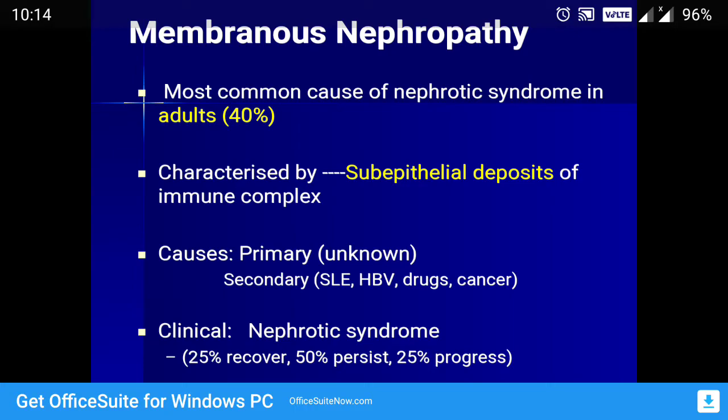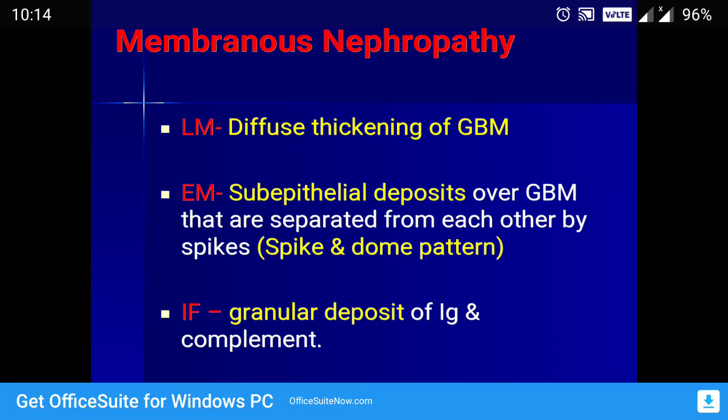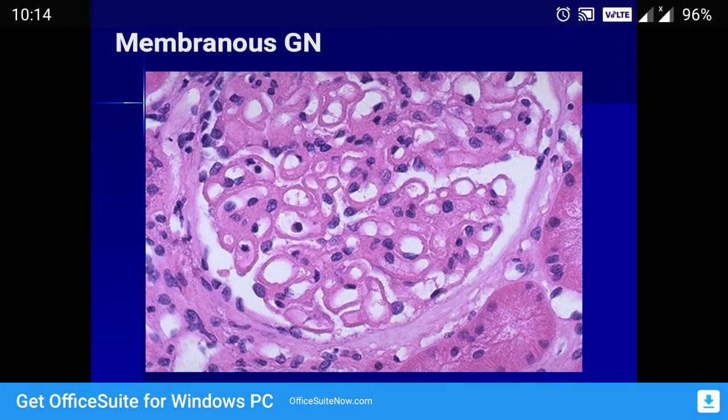The next type is membranous nephropathy, because there is deposition of subepithelial complexes. You can see there is deposition along the basement membrane.